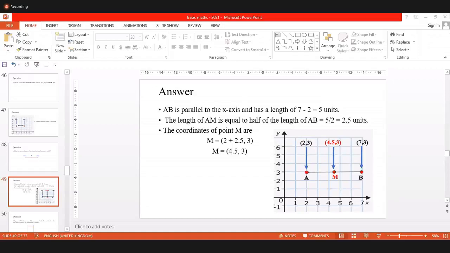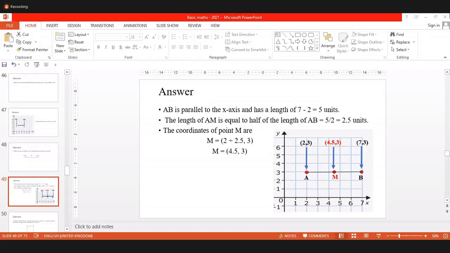Manashi, can you explain this one? Yes, sir. So what I did was I drew this graph and I marked the A coordinates and the B coordinates. We can find the difference between the A and B coordinates, which will be 5.